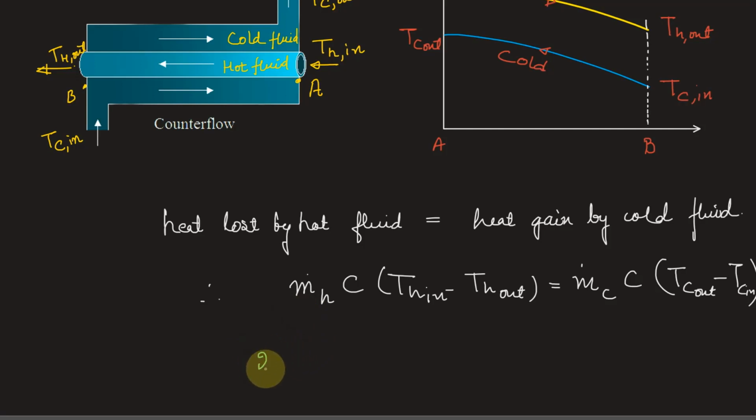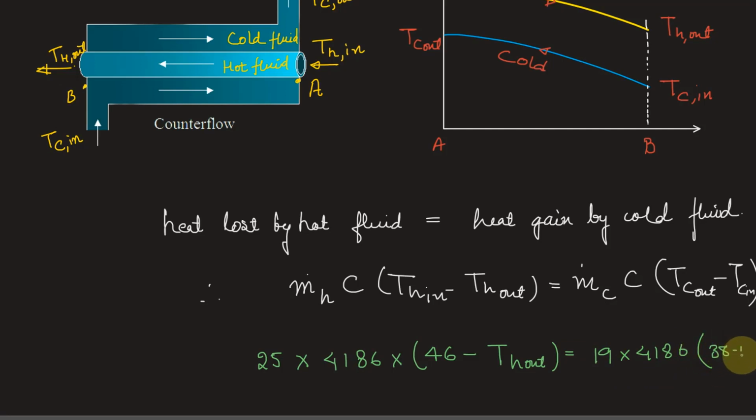So this will be equal to 25 for hot fluid, 25 liter per second, multiplied by 4186, multiplied by the temperature of hot fluid at the inlet, that is 46 minus Th out. That will be equal to 19, the volume flow rate of cold fluid, into C, that is 4186, because we need to assume that the properties of the two fluids are equal, multiplied by 38 minus 10.